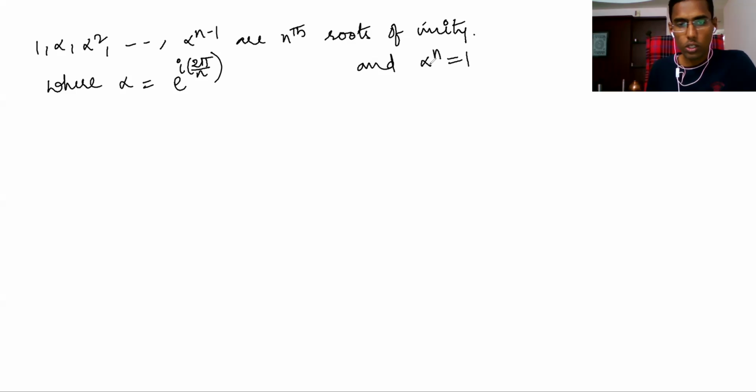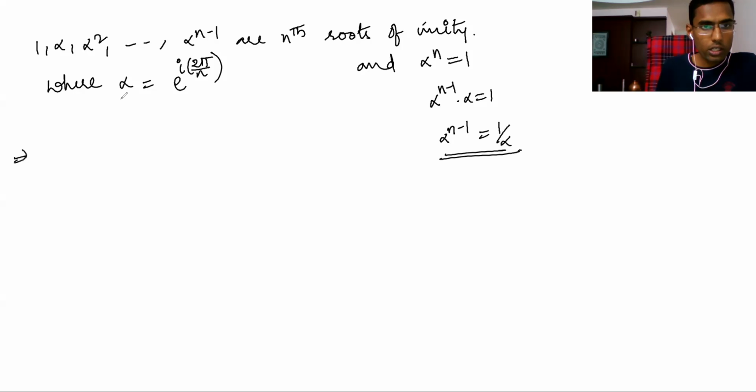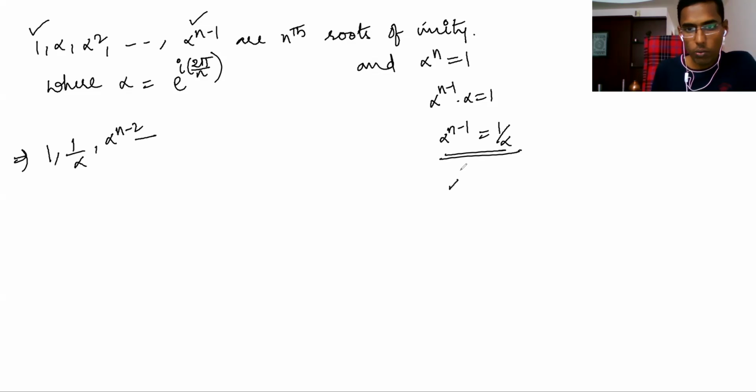Therefore, here I can write alpha power n minus 1 into alpha equal to 1. Alpha power n minus 1 I can write as 1 by alpha. Both are same, right? Therefore alpha power 1 I write as it is, 1 as it is, alpha power n minus 1 I write as 1 by alpha. Then alpha power n minus 2 is alpha power n by alpha square, and alpha power n is 1, therefore 1 by alpha square.